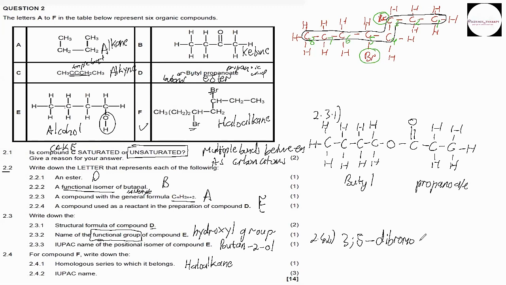So dibromo octane. So 3,5-dibromo octane, and that becomes the name of this organic compound there. And that's how you were supposed to tackle this question, guys, for a total of 14 marks.